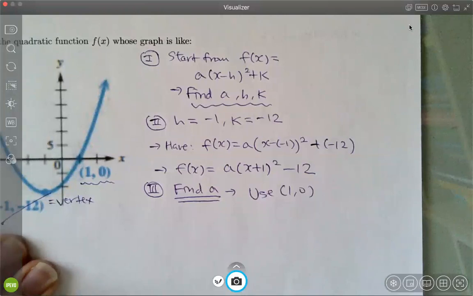This (1, 0) is on the graph. That's my hint. Use the x value. Okay, so how? (1, 0) is the x-intercept, right? But it's on the function, which is this. So what can we do? That's my hint: 1 is the x and y is equal to 0.